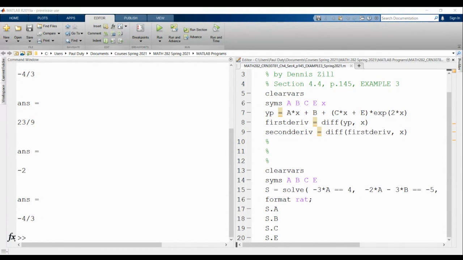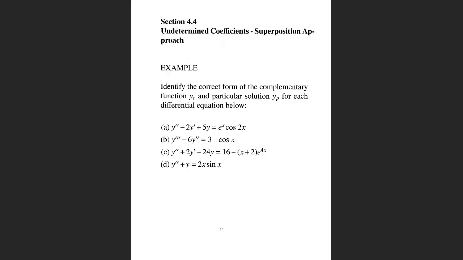Okay, so I want to continue. I want to do another example with you. Now this is just a little bit of practice on identifying the correct form of a complementary function.